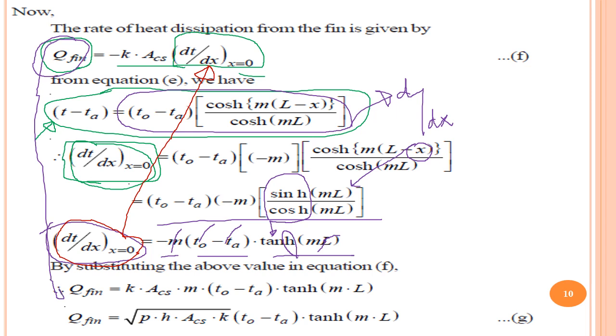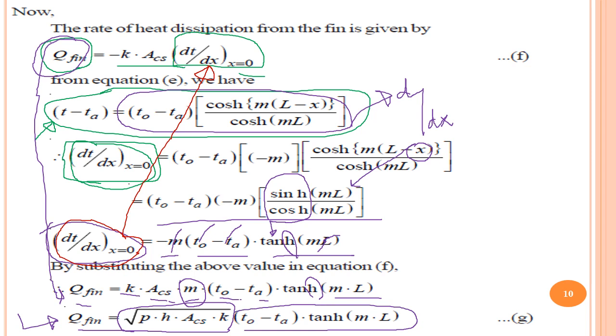So Q fin equals kAm(T0 - Ta) tanh(mL), and if I put the value of m, I will get the final answer Q, that is the heat transfer through the fin of finite length, Q fin, which is under root of pHAk into (T0 - Ta) into tanh(mL).